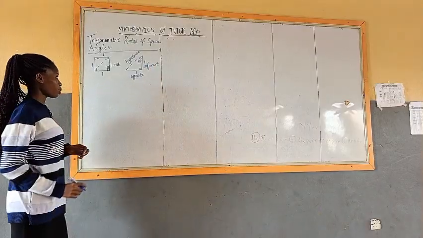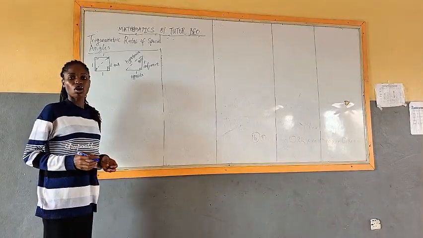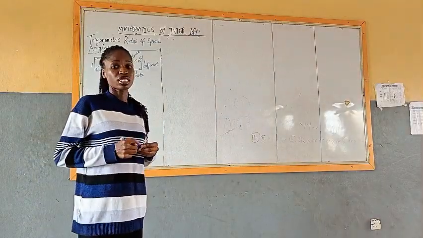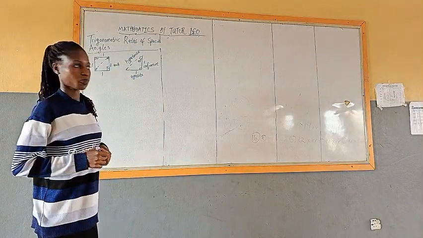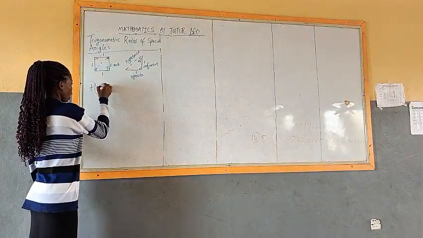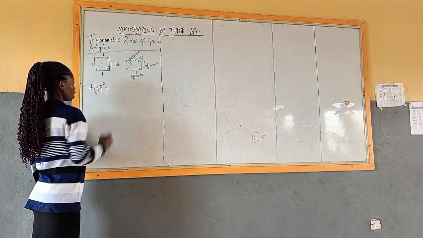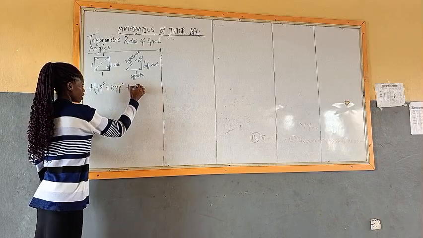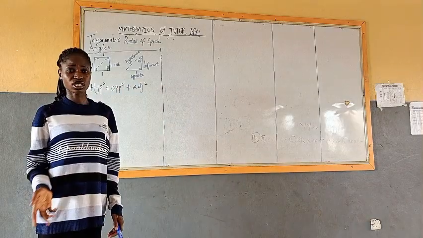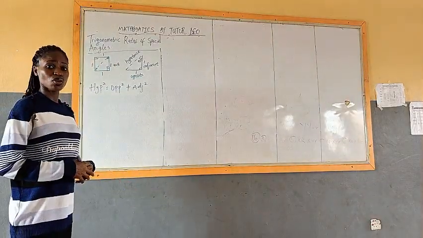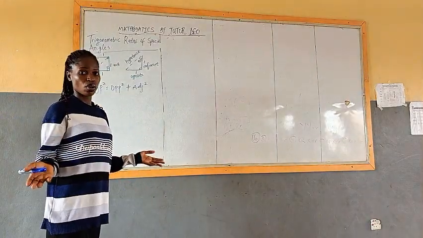Alright, with this now, we can look for the value of the hypotenuse side. And there is a method that we can use to do that. The formula says hypotenuse square is always equal to opposite square plus adjacent square. The opposite of addition is subtraction. The opposite of square is also square root.